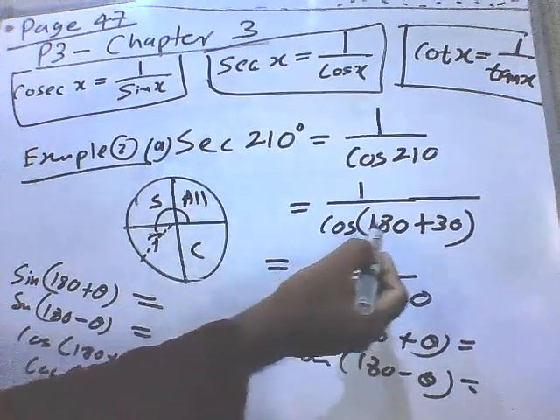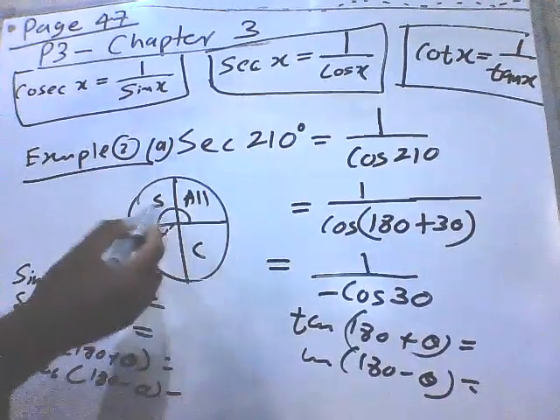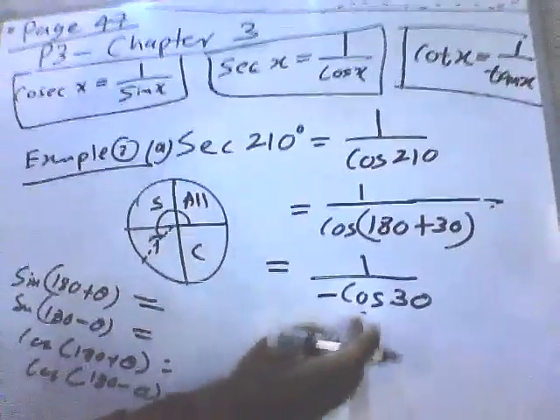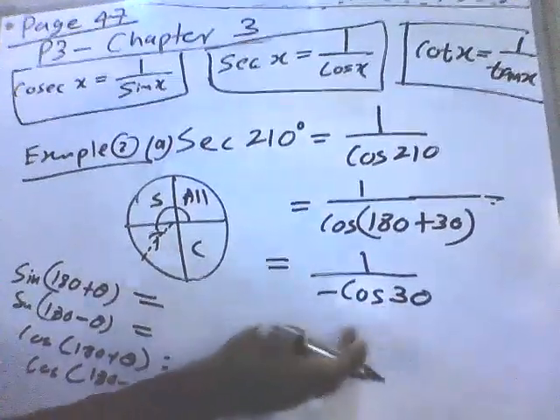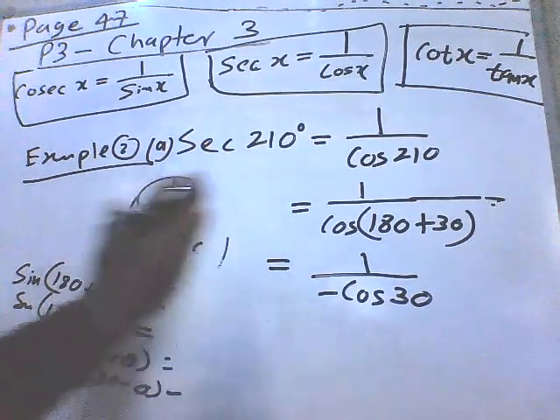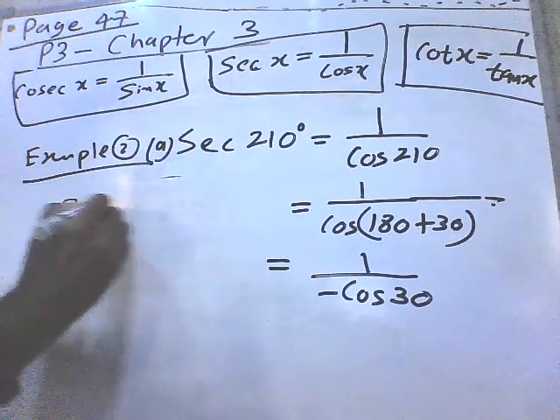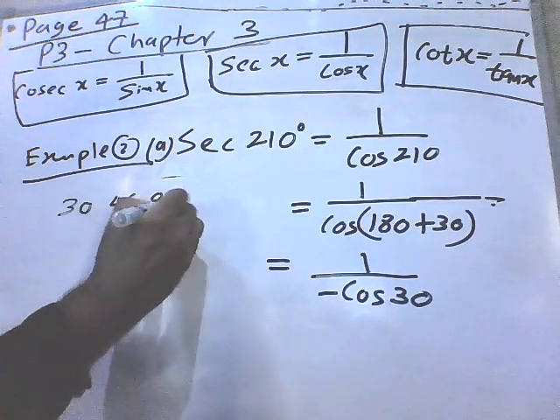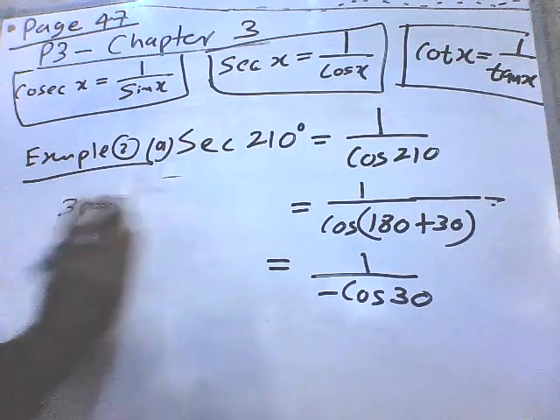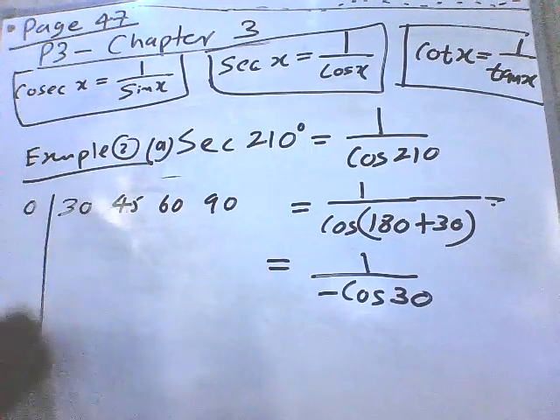So in this case 180 plus 30, the answer would be, I will erase this, I wrote it here. So cos 30 we know is root 3 over 2. That is also from the table, right? I will write it here, but you should remember 30, 45, 60, 90 and 0.